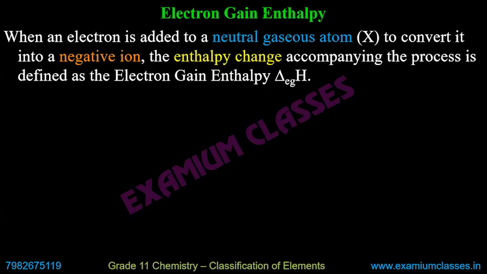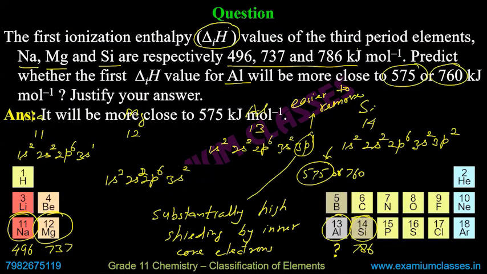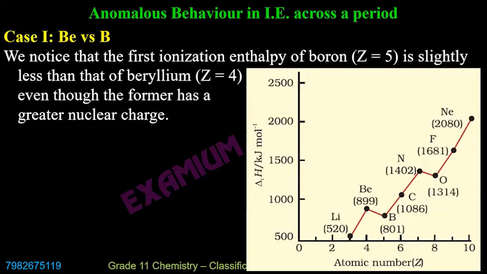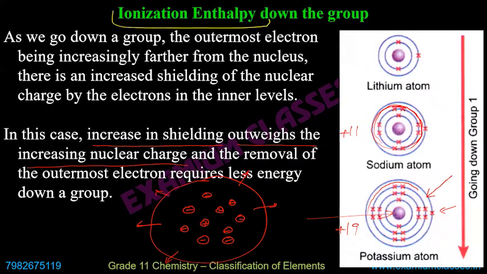And one more thing, the ionization enthalpy is always positive because it is formation of a cation. You need to remove the electron. So ionization enthalpy is always positive.